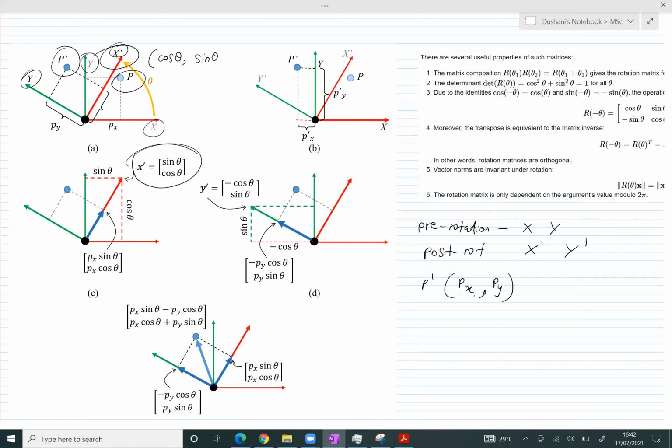Then only you will be getting Px and Py as P dash's coordinates, right? Therefore, to determine the coordinates in the original reference frame, we can use the fact that the coordinates of x dash and y dash are known.